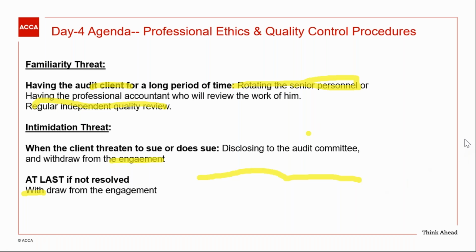So, are you able to understand the threats: self-interest, self-review, advocacy, familiarity, and intimidation threat? You need to remember the basic concepts of the threats which the auditor will face and the safeguards which the audit firm can apply to reduce or eliminate the threat.